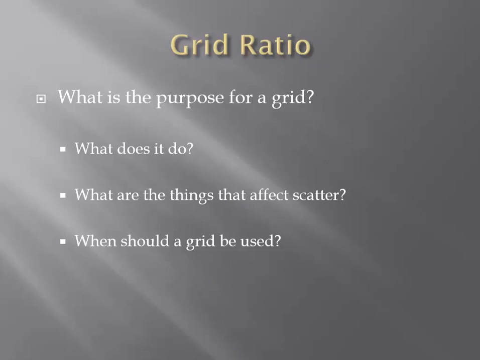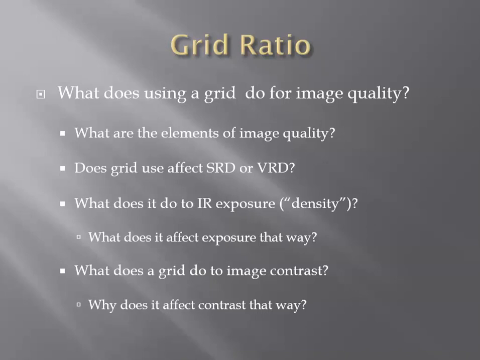It's not an active thing, it's just that we created more scatter radiation, so there's more scatter radiation for the grid to absorb. If you remember when we were talking about grids in the spring, grid ratio or the Bucky factor changed with increased KVP. As KVP increases, the grid becomes more effective. So we want to increase mass rather than KVP.